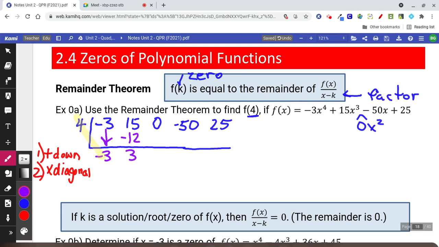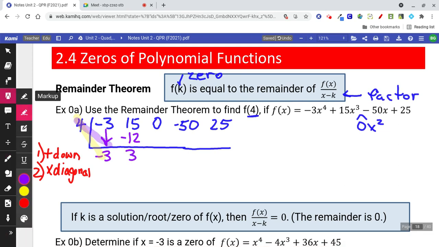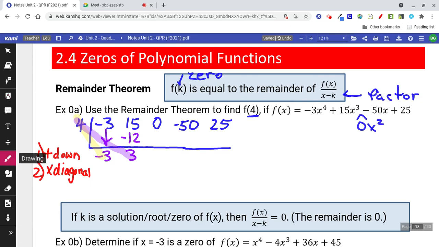And then when I say multiply diagonal, I'm talking about 4 times 3 right there. I'm multiplying that number on the left times my number down there at the bottom. 4 times 3 is 12. Keep doing the steps. Add down, you get 12. Multiply diagonal, 4 times 12 is 48.